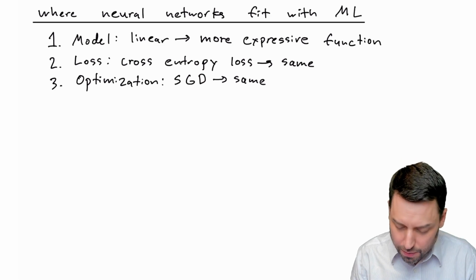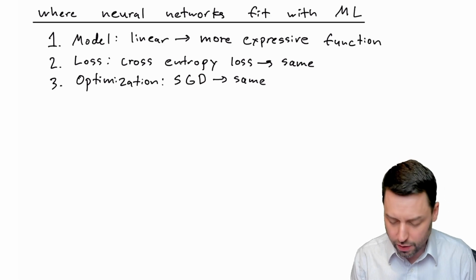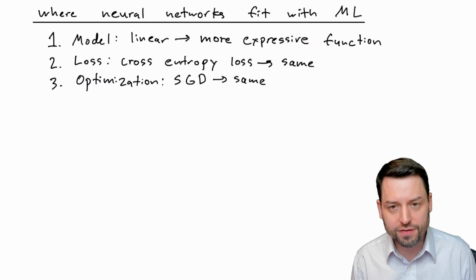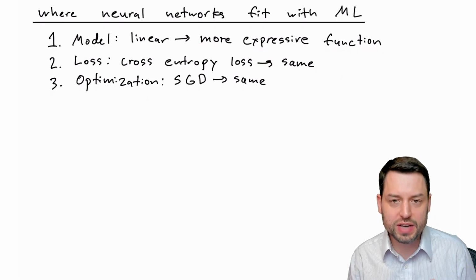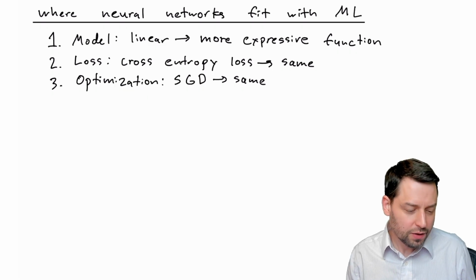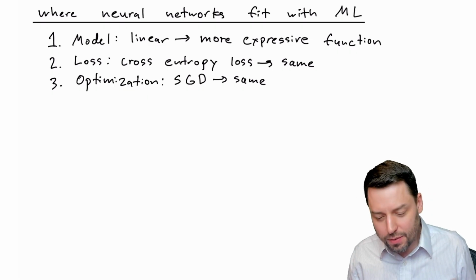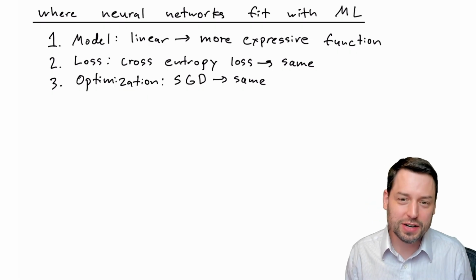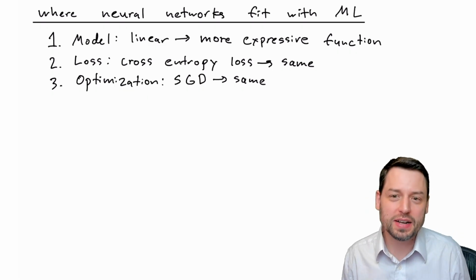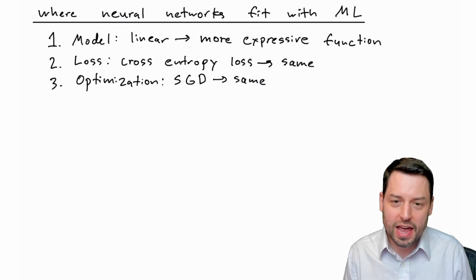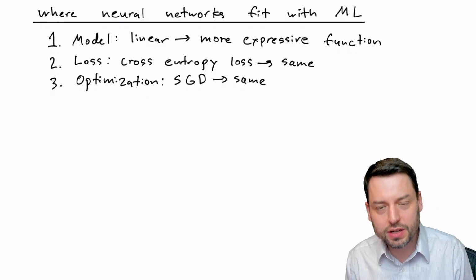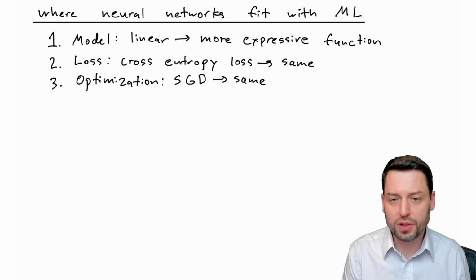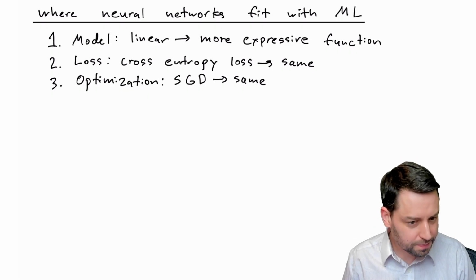And so in moving to neural networks, we really want to move to a more expressive function, which is able to capture more expressive properties of the underlying data. Or I should say not necessarily better properties, but more expressive properties, able to extract more information from the underlying data than a simple linear model would be able to.